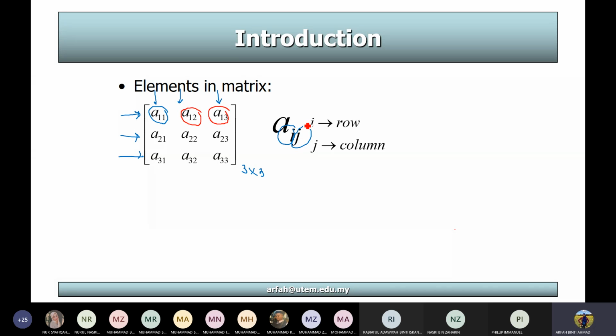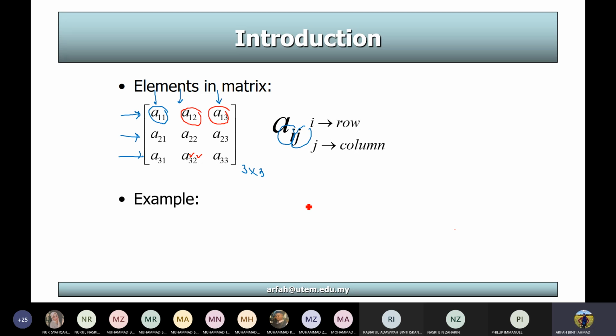And then for the position of an element in the matrix, we must say which row and which column. So for this one, third row, second column. That is why it is A32. That is the location in the matrix.